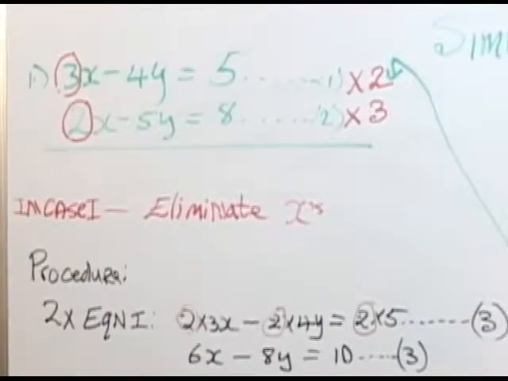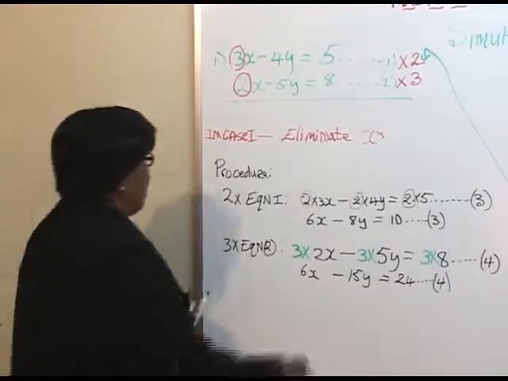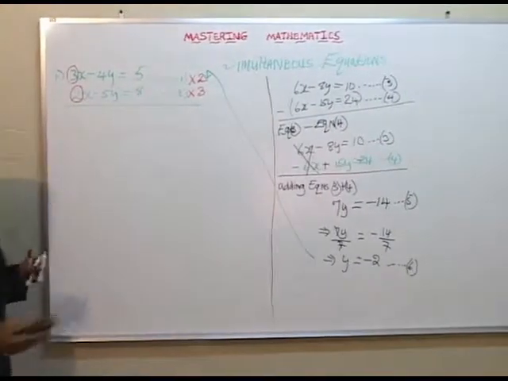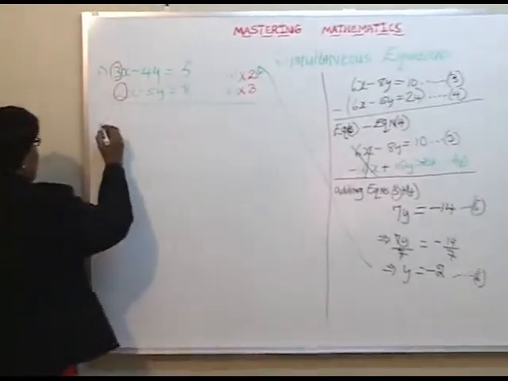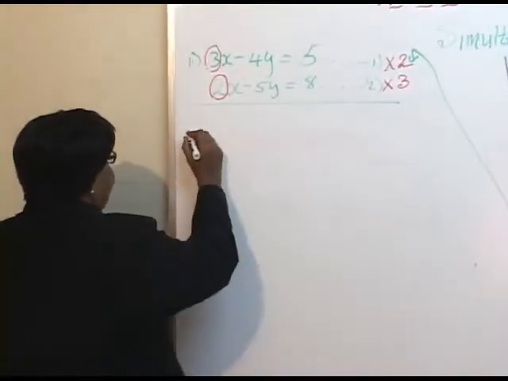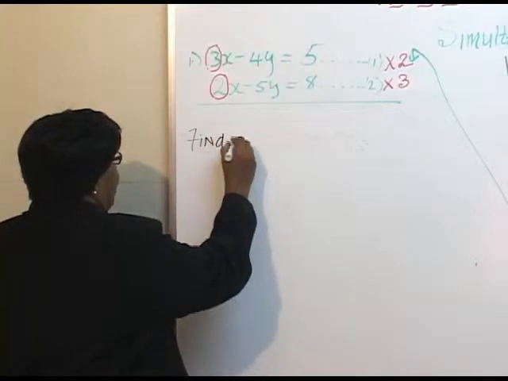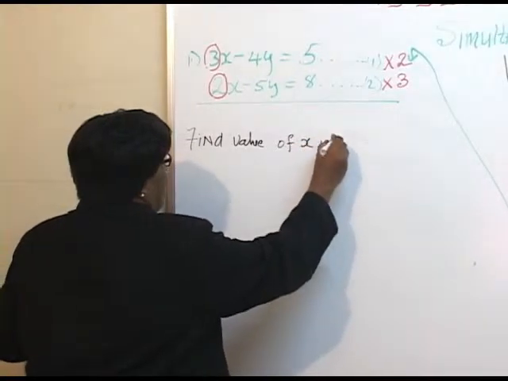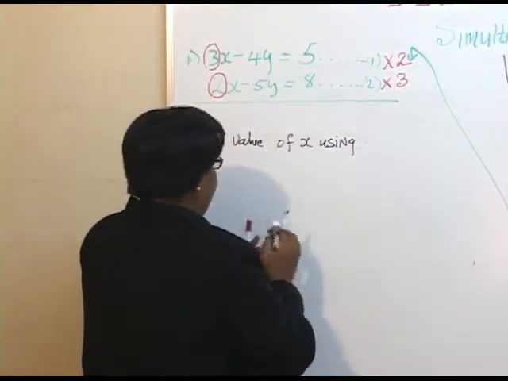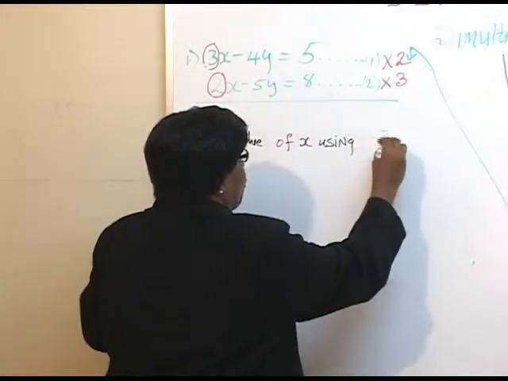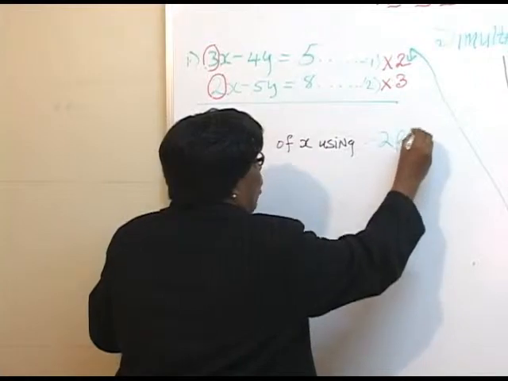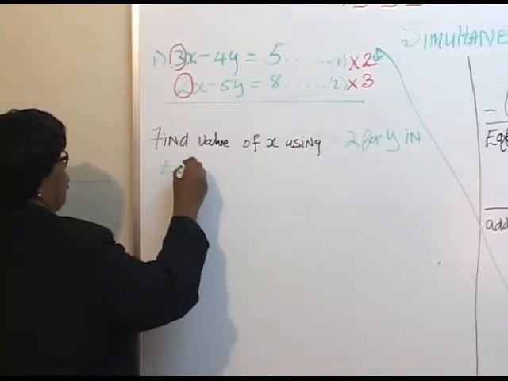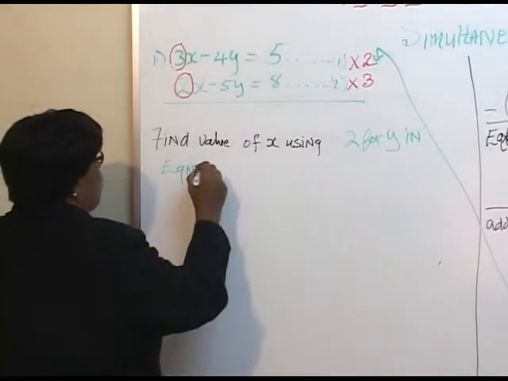So now, having gotten the value for y, we're going to find the value of x using negative 2 for y, and I am using it in an equation. It really does not matter, but let's go with equation 1.